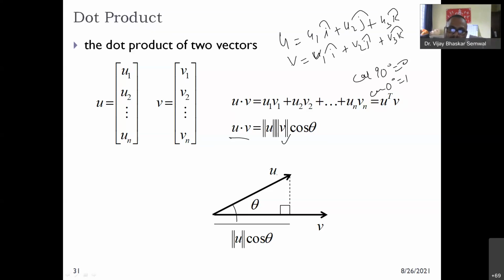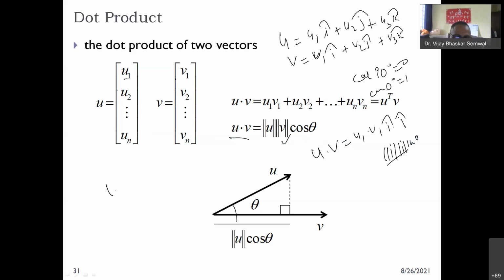So if you take the dot product of u and v, it gives the dot product of i dot i, which is the modulus of i times cos 0. Cos 0 is 1, and i is a unit vector so the magnitude is 1, so you are getting just u v. So whenever you take the dot product of two vectors, it is just u1 v1, u2 v2, up to un vn.